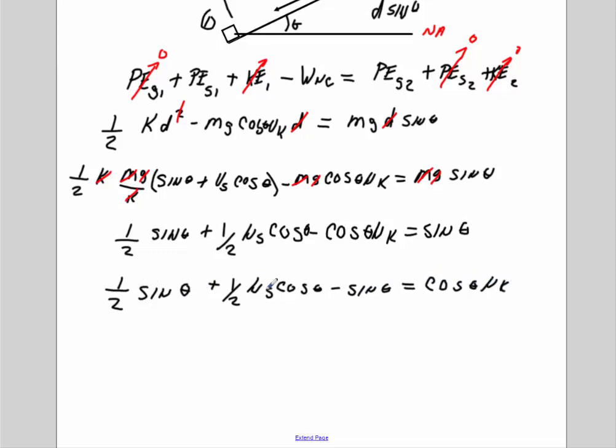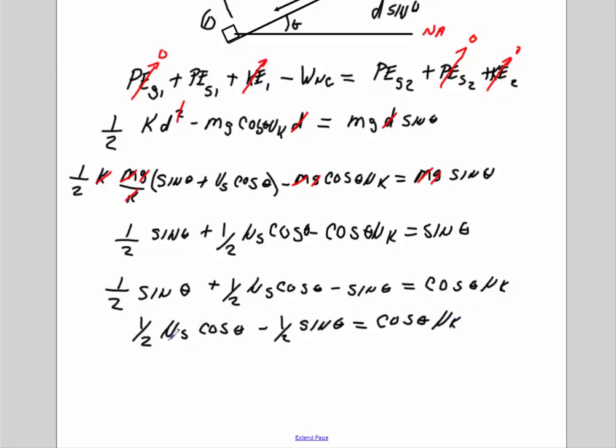Okay, simplify again. We can add these two together here. So now I'm down to 1/2 mu of s, the cosine of theta, minus 1/2 the sine of theta is equal to the cosine of theta mu of k.